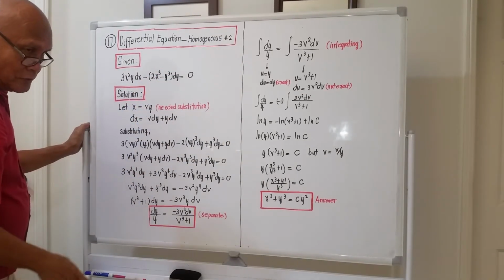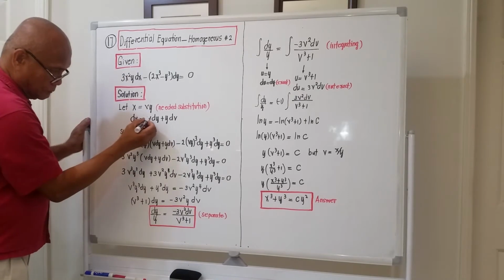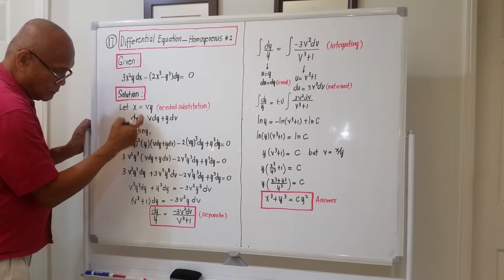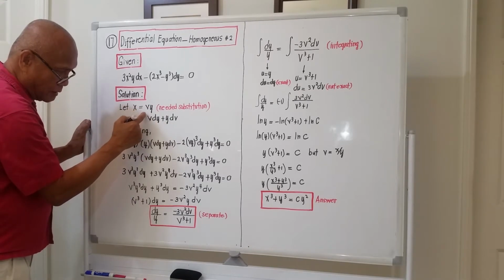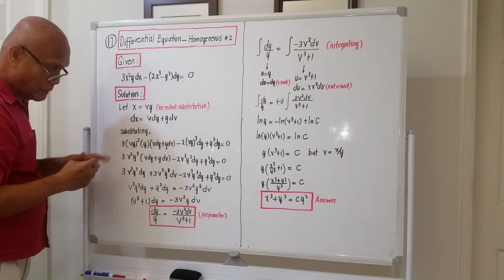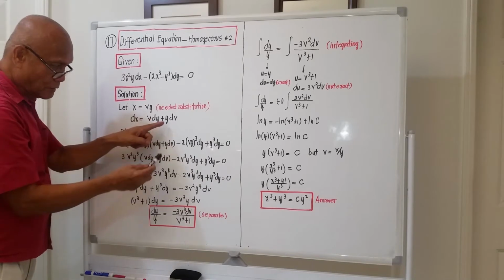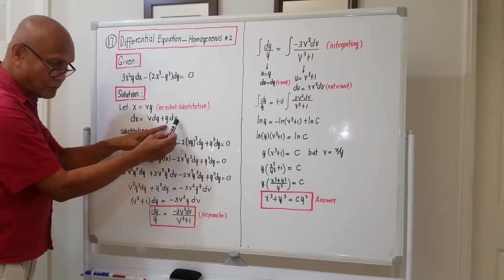Taking the differential of both sides, dx equal to, the right hand side is represented as a product, so it will be the first one times the differential of the second plus the second y times the differential of the first.